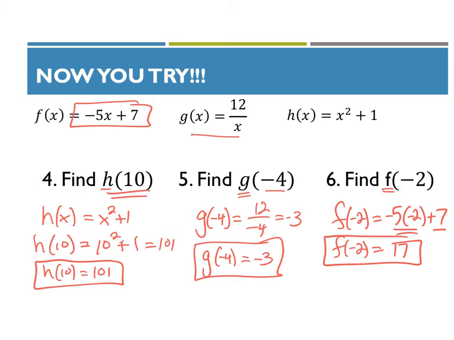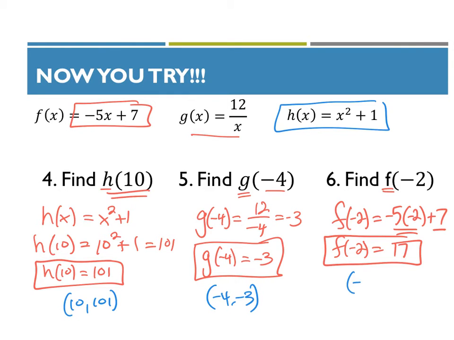So if you graphed h of x, which is x squared plus 1, the point 10 comma 101 would be on that exact graph. So same with g of x. If you graph 12 divided by x, the coordinate negative 4 comma negative 3 would be on that graph, and same with that last one, f of x. If you plotted negative 5x plus 7, that's going to go through the point negative 2 comma 17.